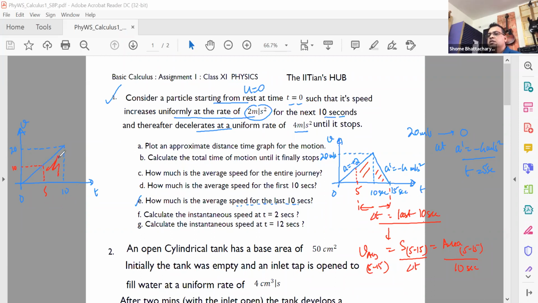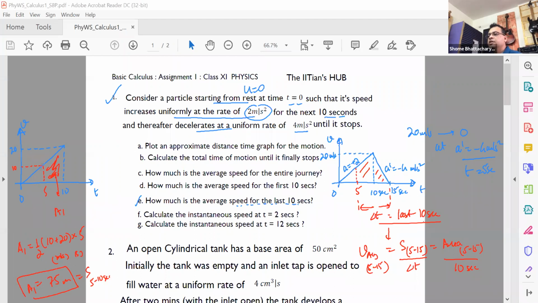So this area, let's say this is A1, we can write as area of trapezium, half into sum of parallel sides into distance between them, that is 5 seconds. This is in meters per second, this is in seconds, so this area will come in meters. So 30 into 5 by 2, that's 75 meters. This is in fact the distance traveled from 5 to 10 seconds.